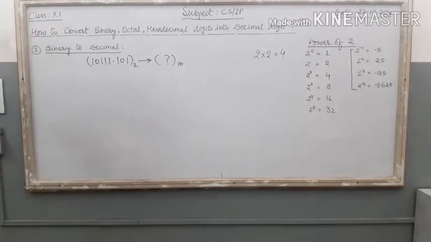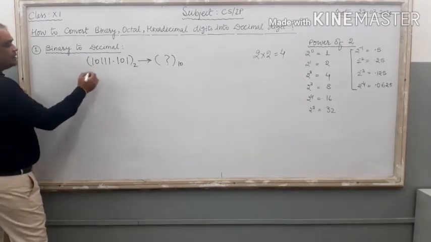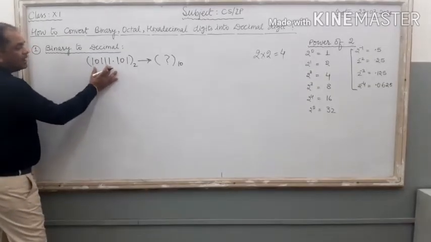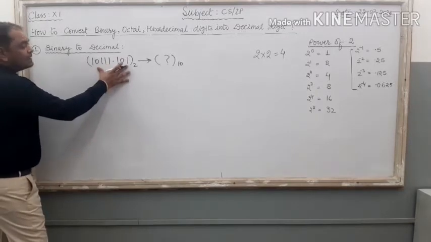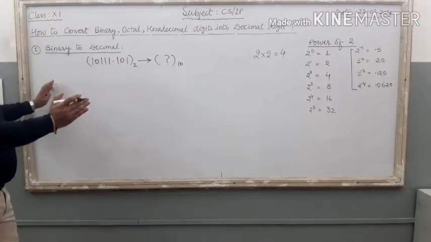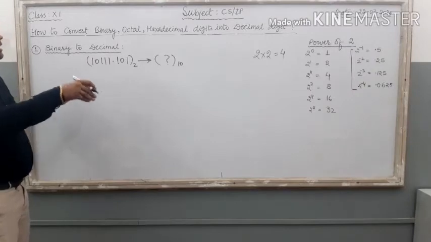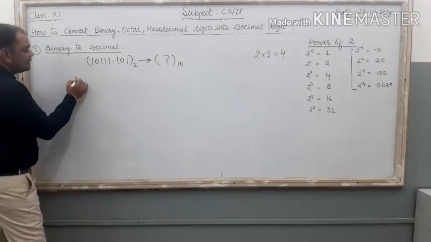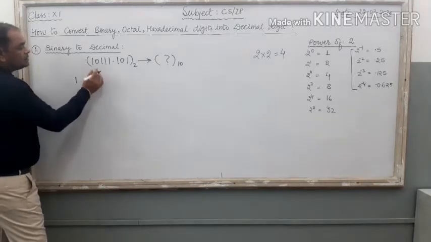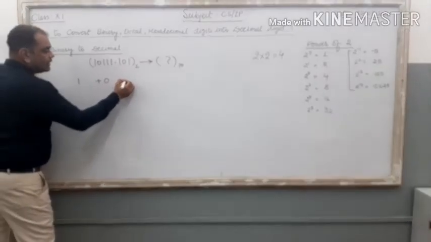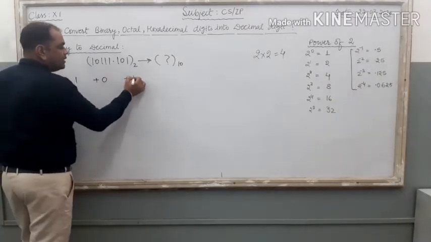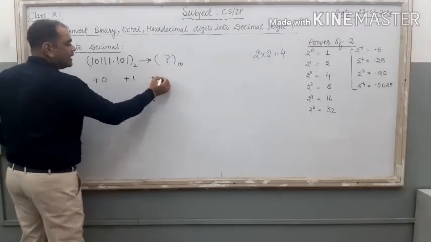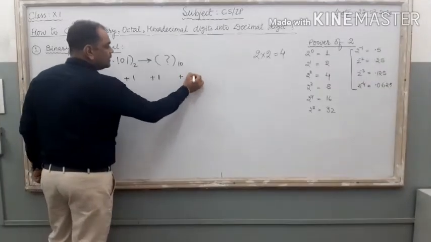If we solve this one in another style, just take this digit, we are going to expand the binary digit and we just put a small gap in between these digits, just like this one, 1 plus, here it is 0, then plus some gap is there, then 1 plus, then again 1 plus, then 1.